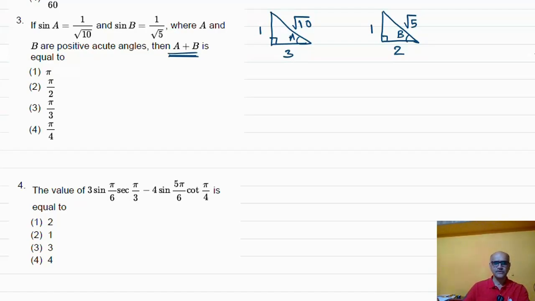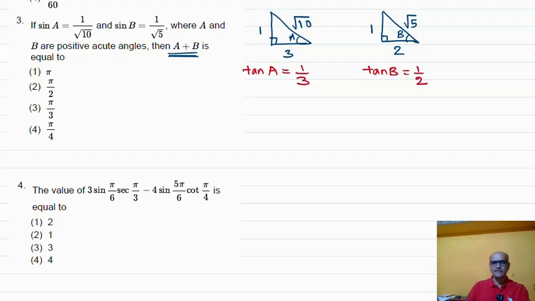If you observe in these two triangles, tan A is equal to 1 by 3 and tan B is equal to 1 by 2. Even this is helpful in second year inverse trigonometric functions. Tan A is 1 by 3, tan B is 1 by 2.